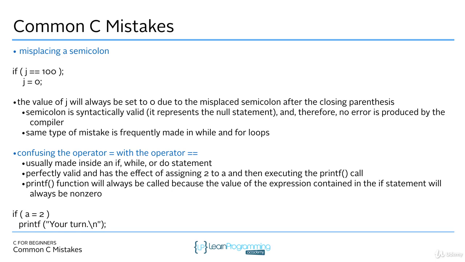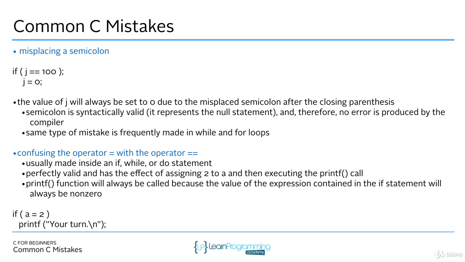So in this example, if we have if a = 2, it's assigning 2 to a. It is always true because you never fail when doing assignment. And so printf is always going to run. What you really meant to do here is say if a == 2.